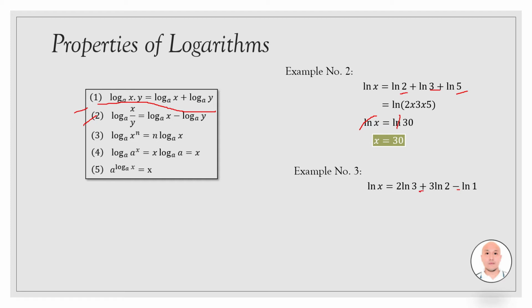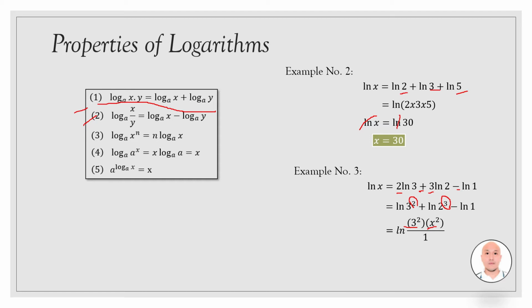So continue: ln 3 squared plus ln 2 cubed minus ln 1. Here the 2 is moving to the power, and the 3 here is also moved here. Thus, ln x is equal to 3 squared times 2 cubed.